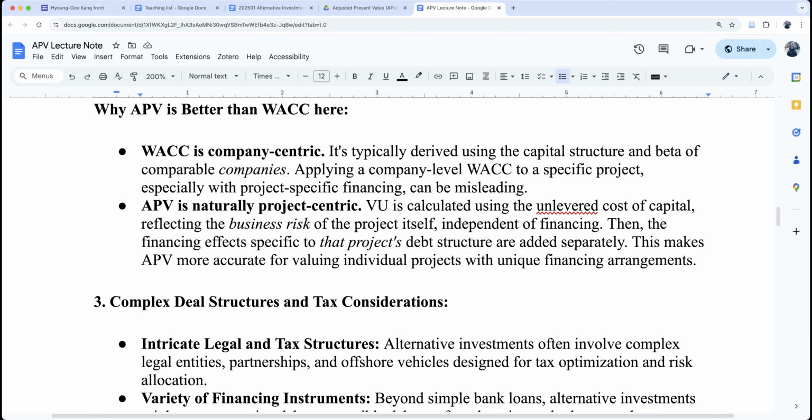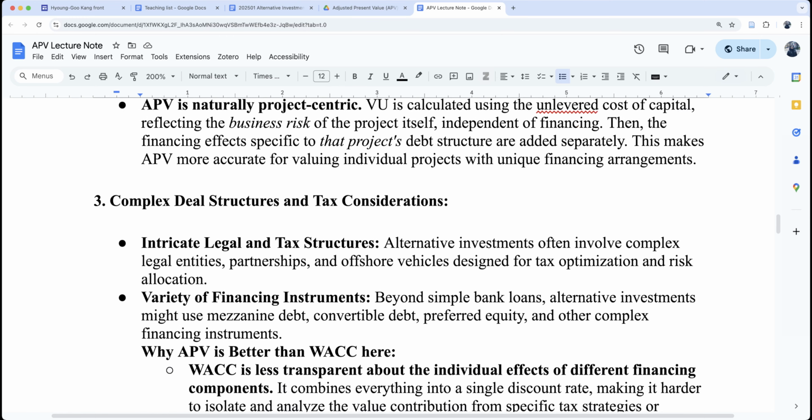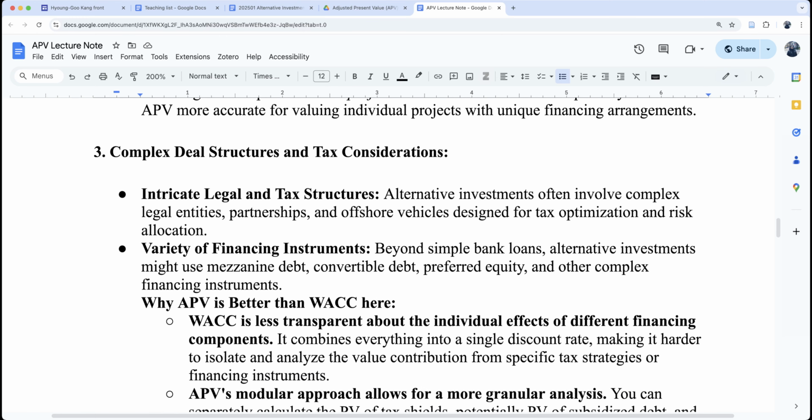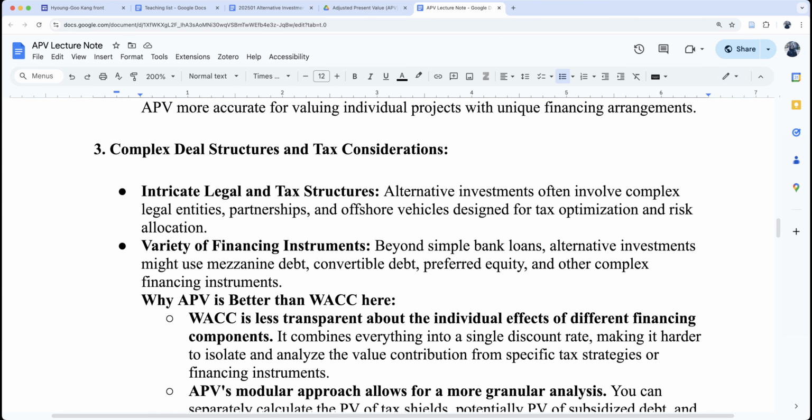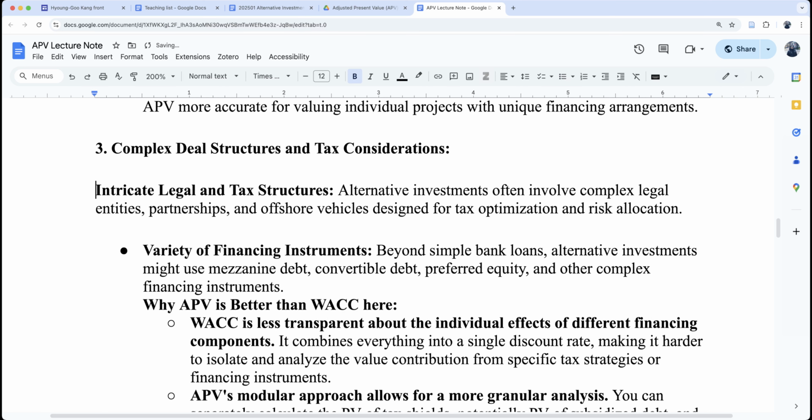This makes APV more accurate for valuing individual projects with unique financing arrangements. So the complex deal structure and the tax considerations. Okay, that's another reason why APV is good for use for private equity or alternative investment.